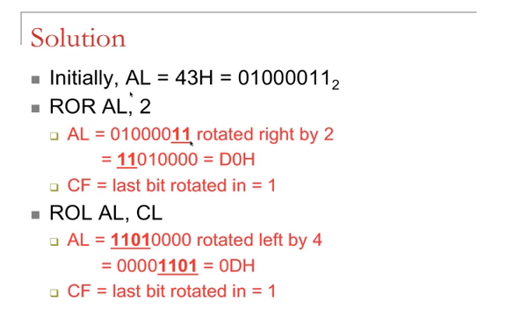To be really clear, the very first bit shifted out of the register will be this one, and the second is this one. Because this one is the last bit shifted out of the register, it is the value copied into the carry flag. So after this instruction is completed, the carry flag is 1.